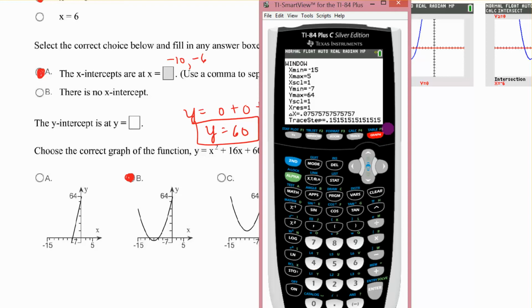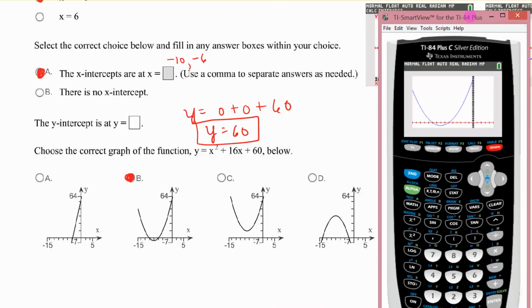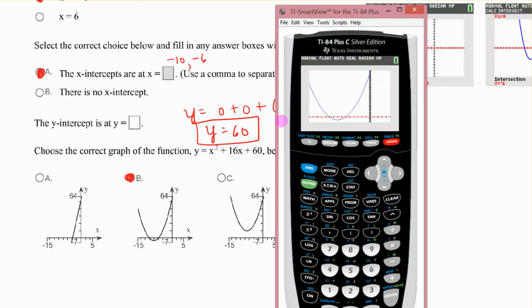Let's see what that looks like. Okay, so I think if we do that, we can definitely tell that it is B. So sometimes if you're asked to pick a graph, be sure you change the window.